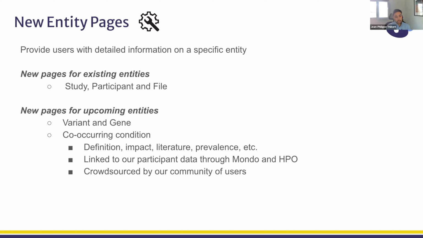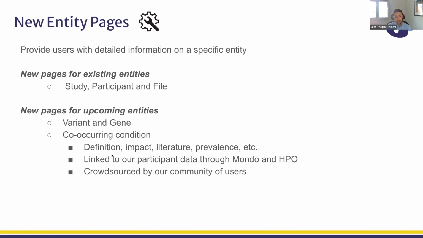And as I was mentioning, while we're going to be developing the variant exploration tool, we're also going to be incorporating new entity pages for the variants and genes. We've also been exploring the idea of having an entity page for co-occurring conditions in the context of Down syndrome. So let's say we could select the top 30 or 40 co-occurring conditions.